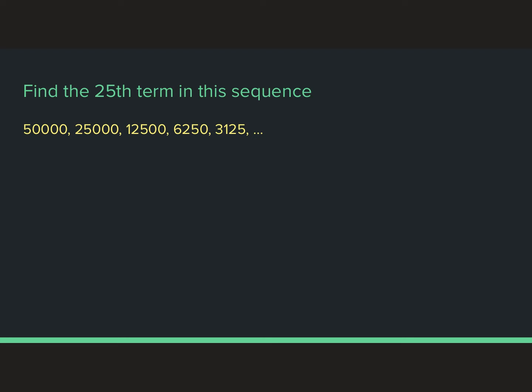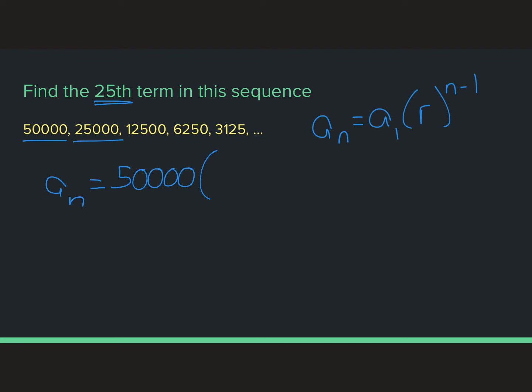So here, I'm finding the 25th term in this sequence. Again, we're going to write it. A sub n equals a sub 1 times r to the n minus 1. So, first term is 50,000. So I have 50,000 times, in this case, I'm going to do 25,000 divided by 50,000, which just gives me 1/2.